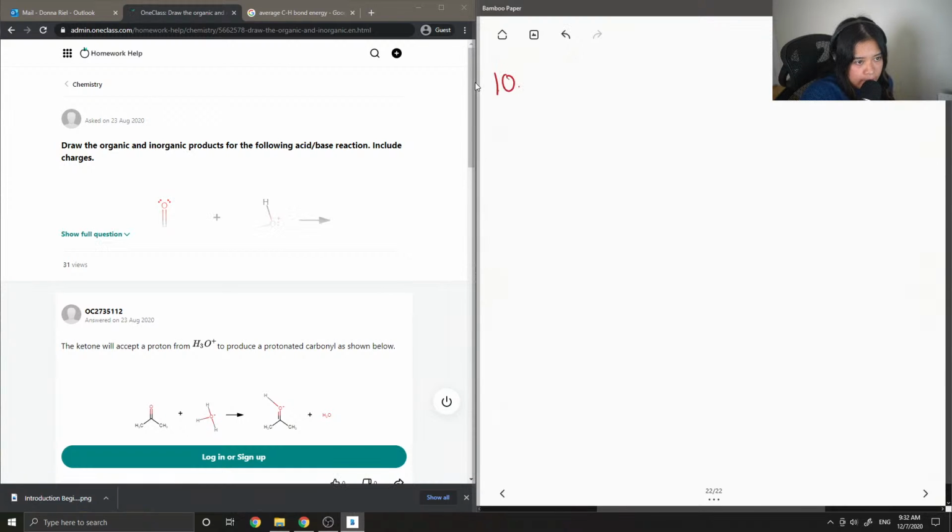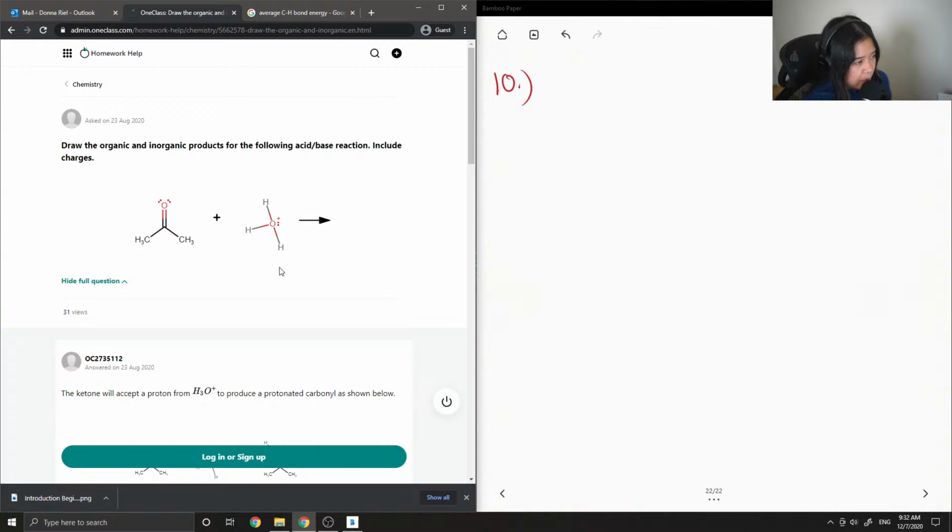Question 10. Draw the organic and inorganic products for the following acid-base reaction. Include charges.